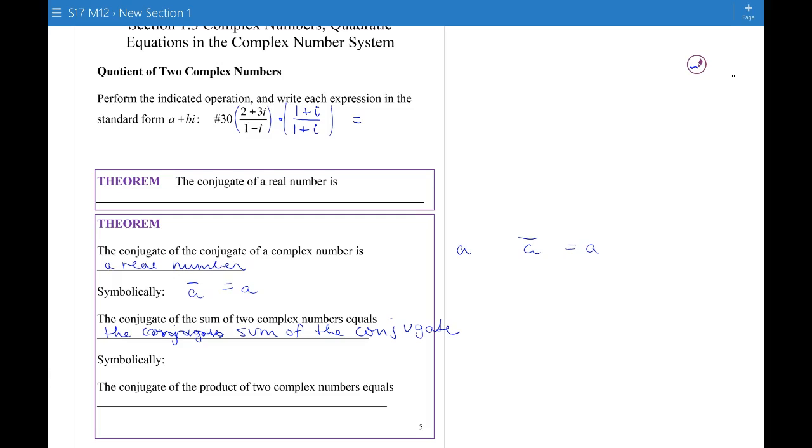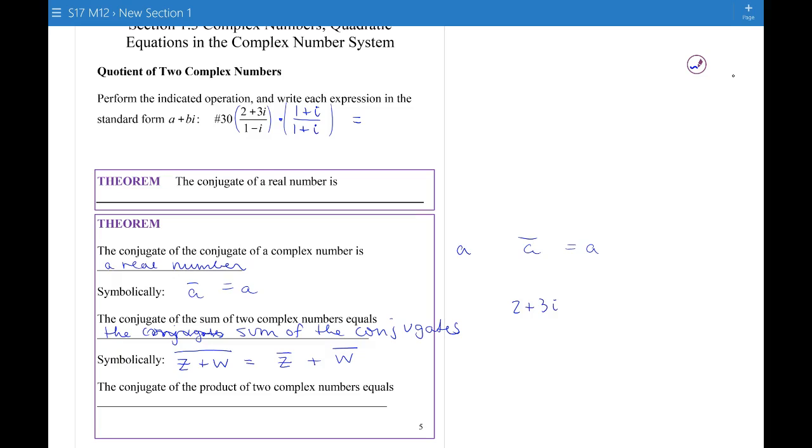So what we say is, we have two complex numbers, z plus w, and we want to do the conjugate of the sum. Well, it turns out it's the sum of the conjugates. So you can do the conjugates first and then add, or add first and then do the conjugate. And if you play with this a little bit, you'll see that it works.